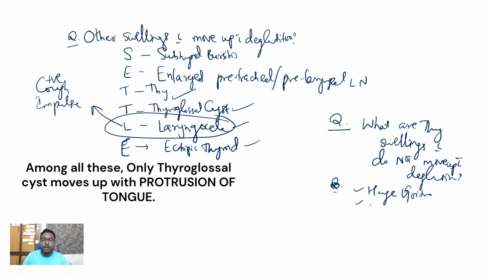Second one is Riedel's thyroiditis, it will be very hard, that is why. Then malignancy with skin infiltration or strap muscle infiltration.